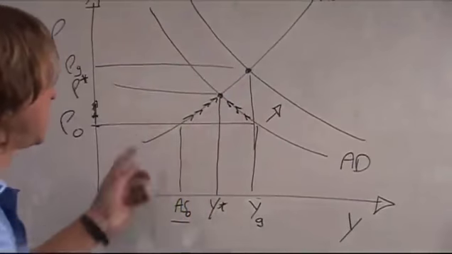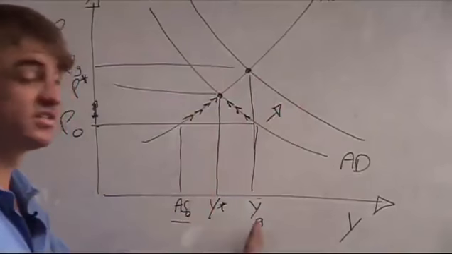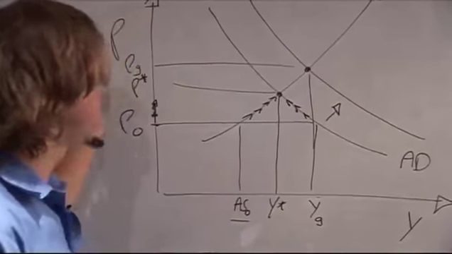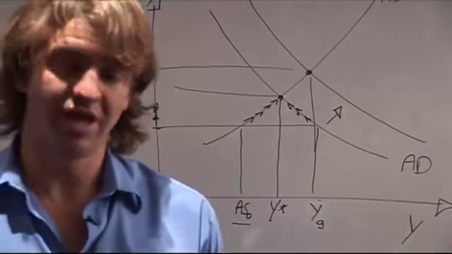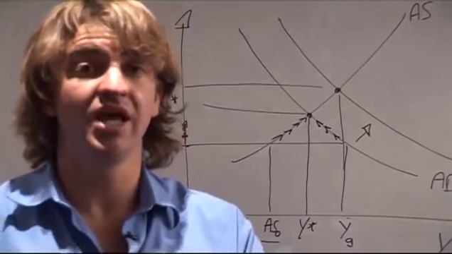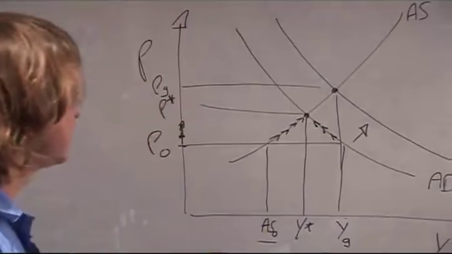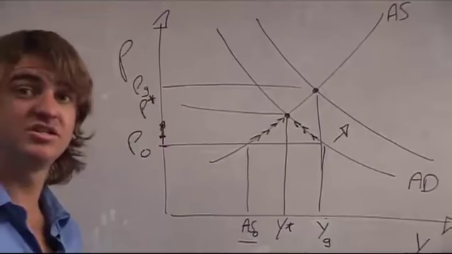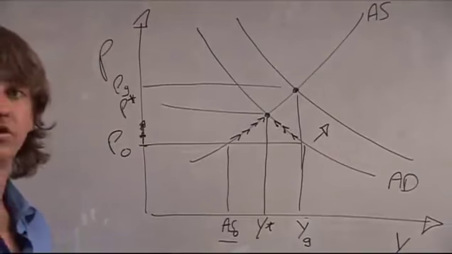So the government expenditure increases, shifts the aggregate demand curve to the right, which increases equilibrium output and increases equilibrium price. This is a result of demand pull inflation. As the government expenditure gets into the market, it creates a whole lot more demand, and it pushes up prices. It's demand pull inflation.